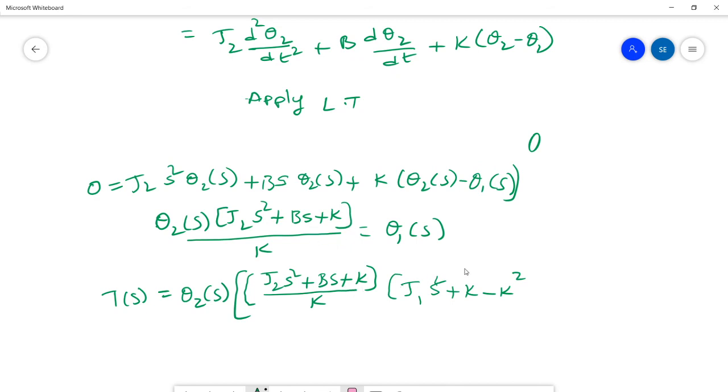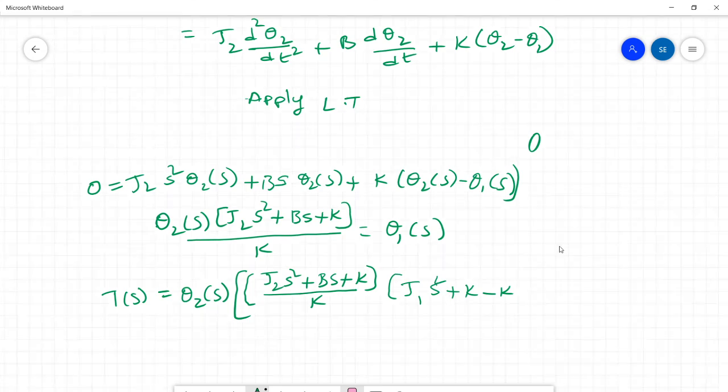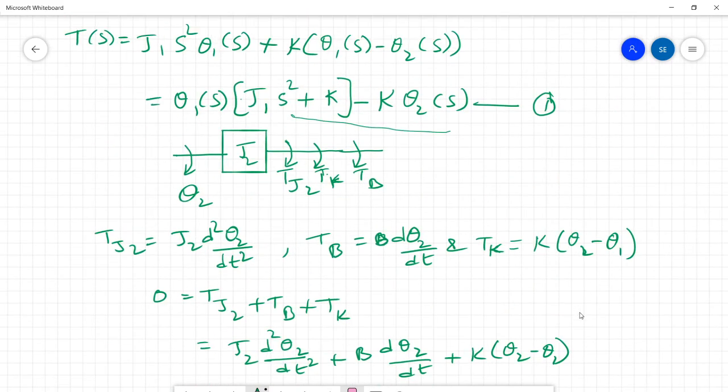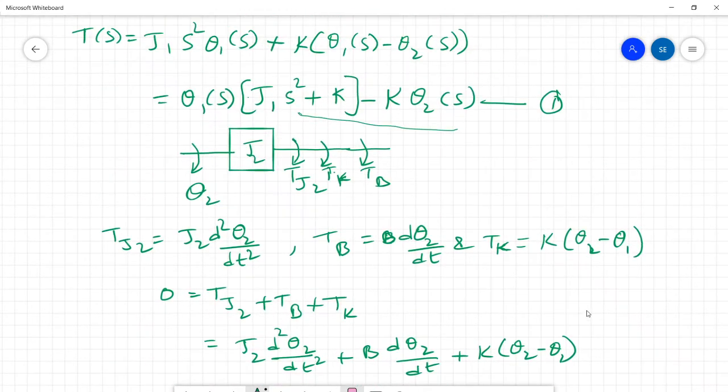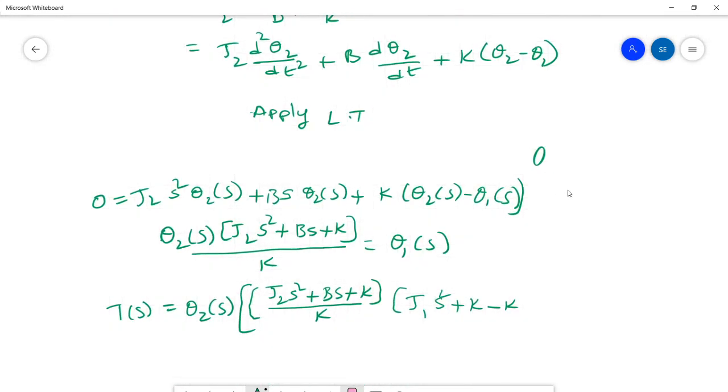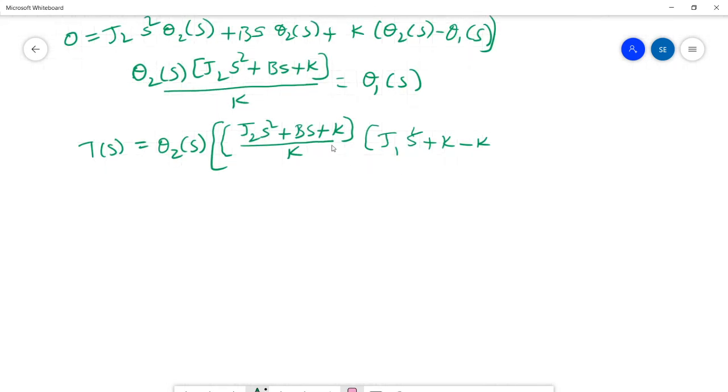As of now we will give only K, minus K. And this term has the denominator K, so this denominator K will take the whole term, then we get K square here.